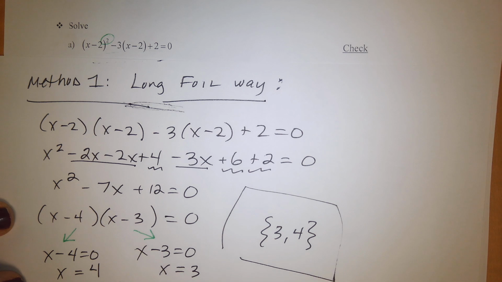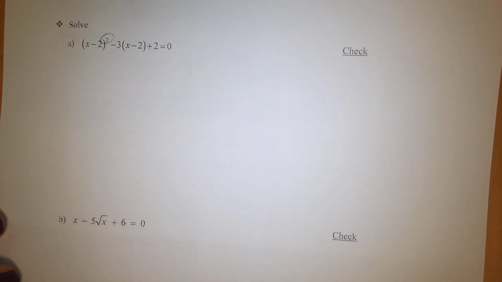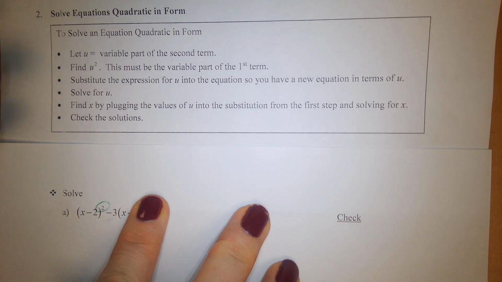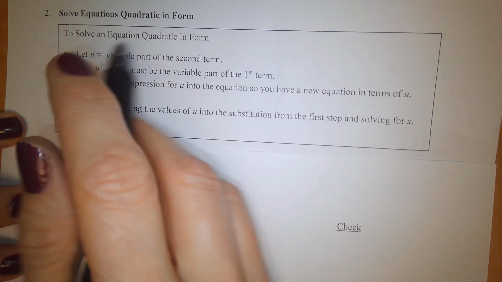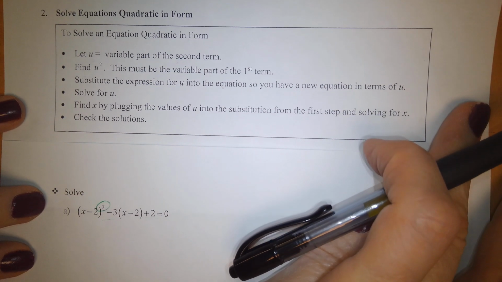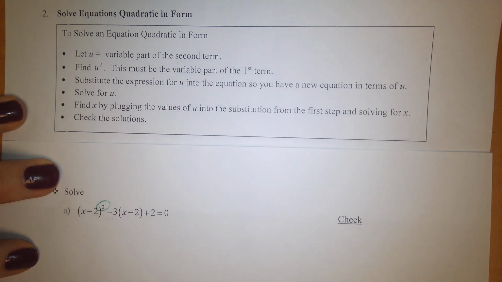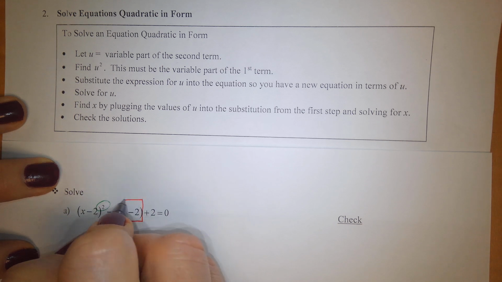I'm going to show you another way that might save you some time. Okay? So in the instructions, it's telling us to set u. It could be any letter. I pick u, and we're going to substitute u in for what the variable is of the second term. So if we look at the second term, this is the second term right here.